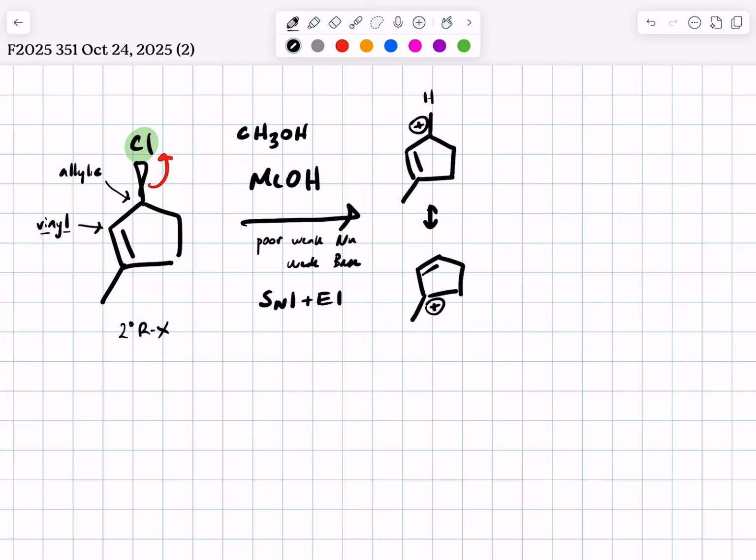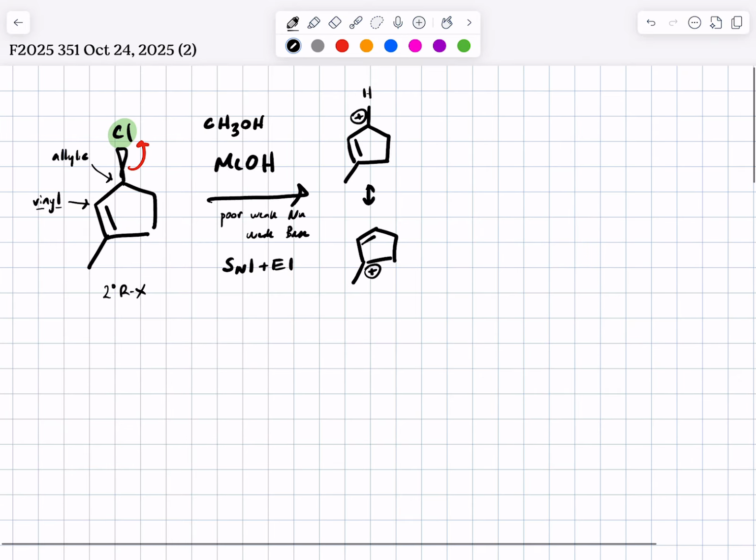Now, you could have some argument about whether the positive charge is more on the secondary carbon versus the tertiary carbon. We're not going to have that argument. We'll simply expect it to be in both places because it is, because of resonance. And we will consider SN1 and E1 products from both resonance structures.